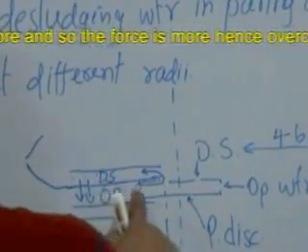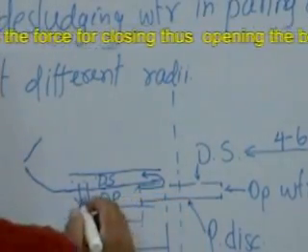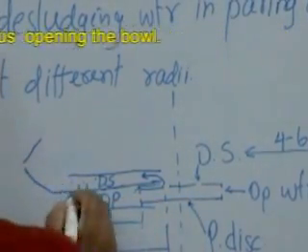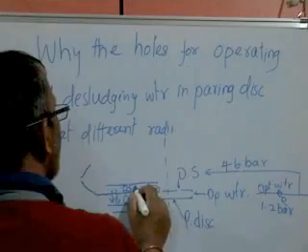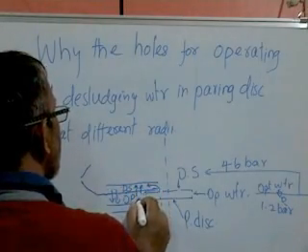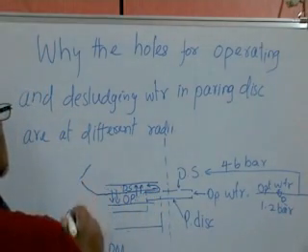Once the operating water is given, it gets filled up here, and this is the sliding bowl. This sliding bowl will be pushed up now due to the pressure that is made here, and the bowl is closed.